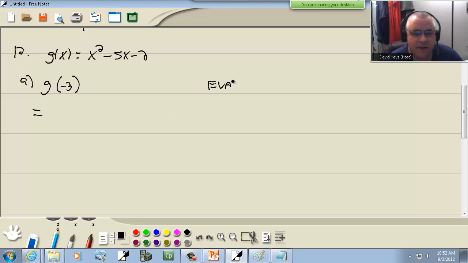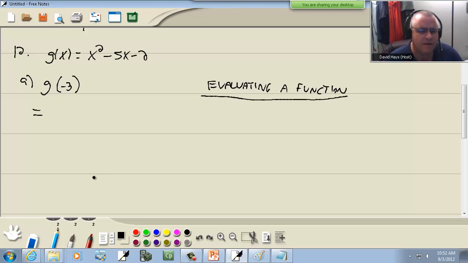Okay, so evaluating a function. Now keep in mind that the number inside the parentheses, or whatever's inside I should say, this is what we are evaluating for.